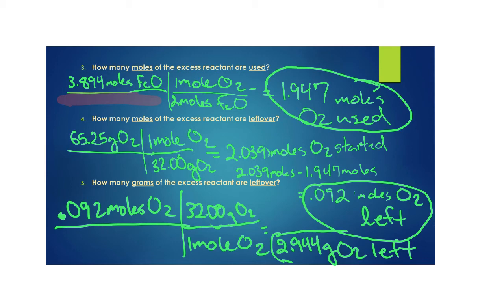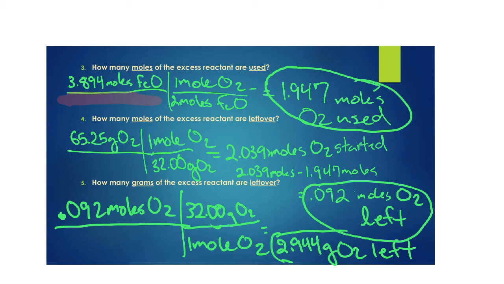That's going to tell us how many moles of oxygen we used. And then from there, it was as simple as taking what we had started with, which was in grams, converting that into moles, and then subtracting these two values to figure out how many moles we had left.